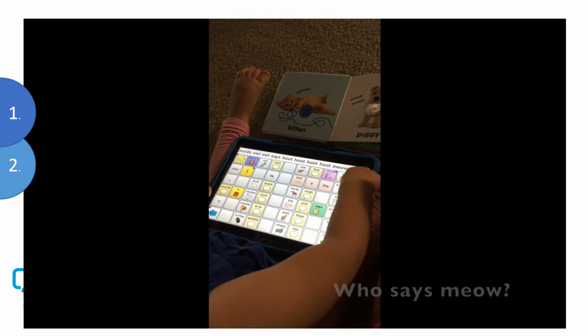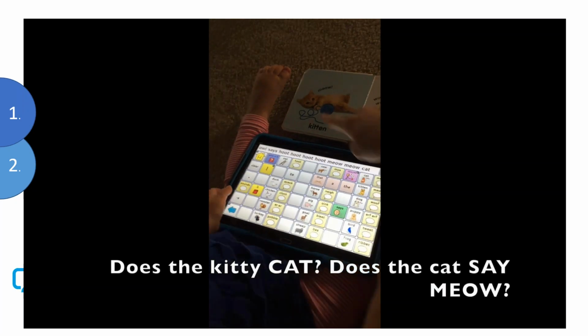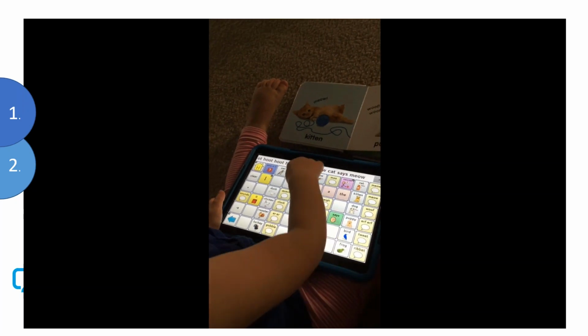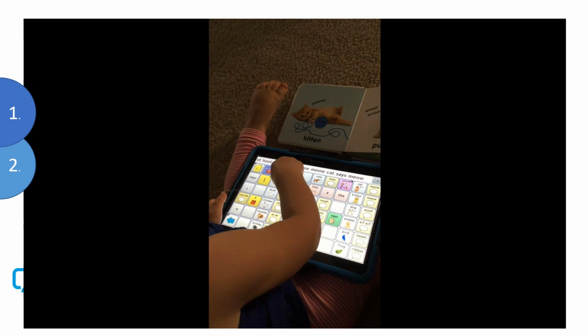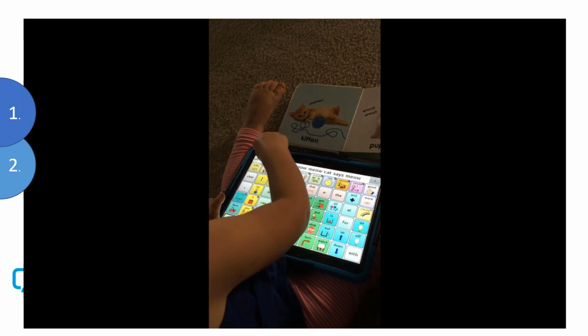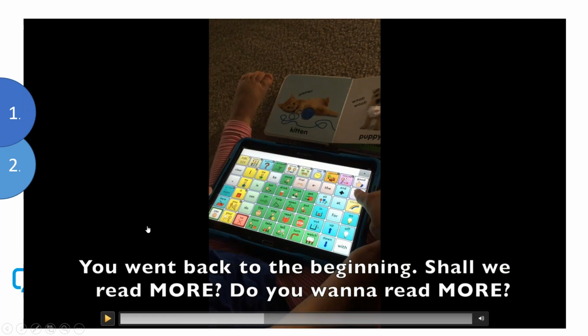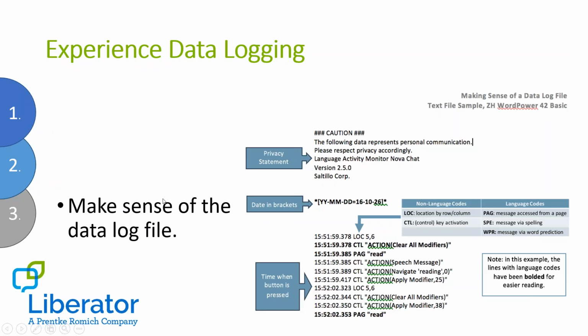So lots of talking about these animals. Some really lovely modelling. I'm sure we've all done a book share activity. All right, I think that's probably enough of that.